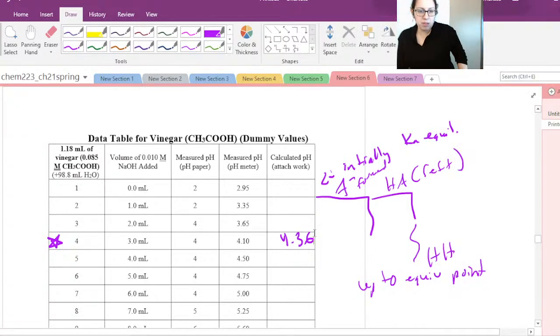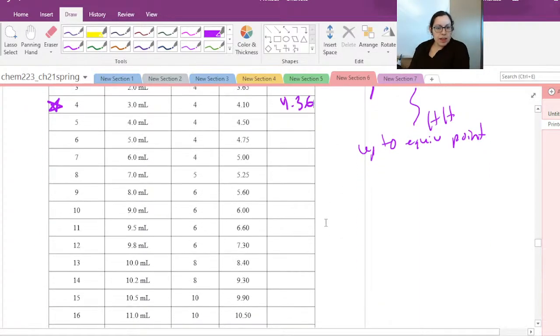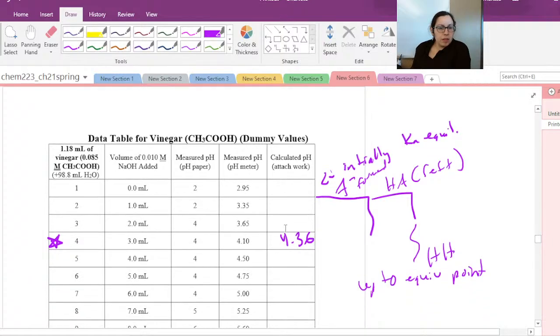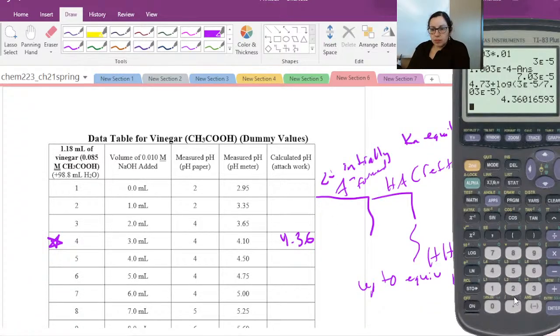And so again, just keep trucking along like that. And then don't forget, does anybody remember the equivalence point from their pre-lab? Have it calculated? I'm just trying to figure it out really fast.